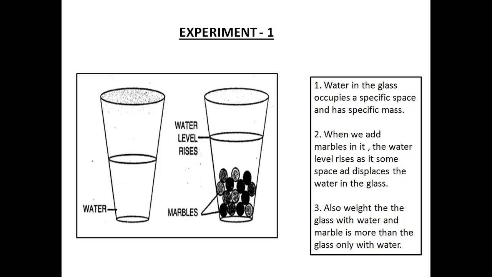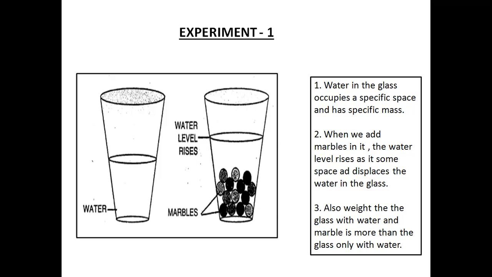So this proves that matter occupies space. I have also pointed out the numbers. Like in number 1 I have written water in the glass occupies a specific space and has specific mass. In the second step, when we add marbles in it, the water level rises as it occupies space and displaces the water in the glass.